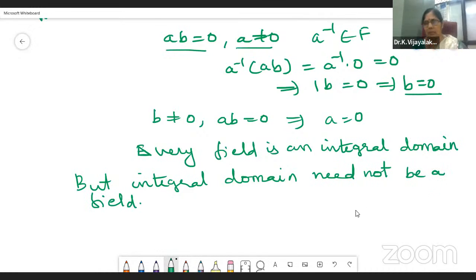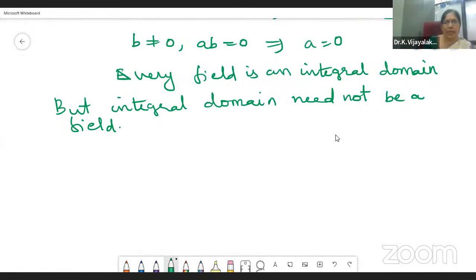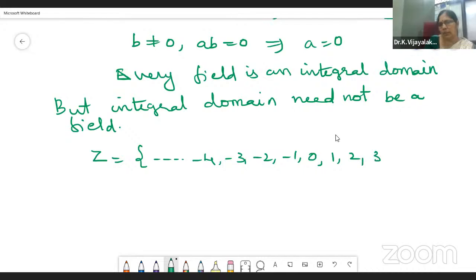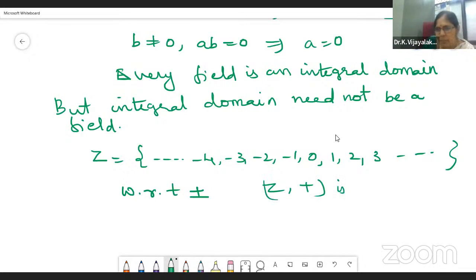Why? Suppose you take Z, the set of all integers like -4, -3, -2, -1, 0, 1, 2, 3 and so on. If you take the set of all integers with respect to addition, we know that (Z, +) is an abelian group.